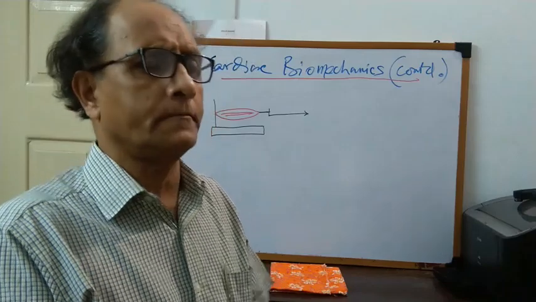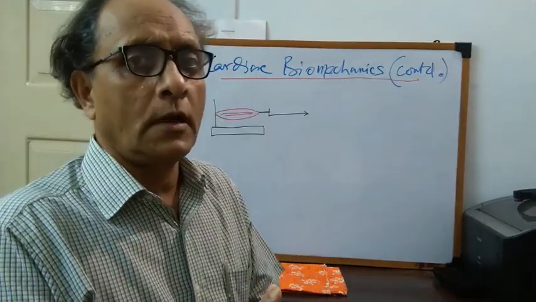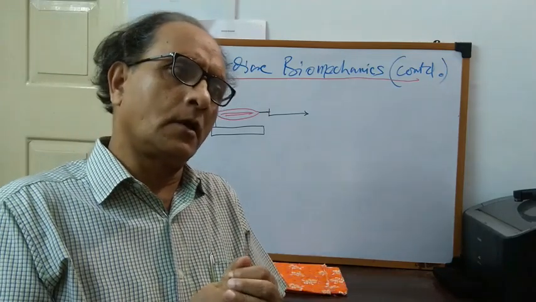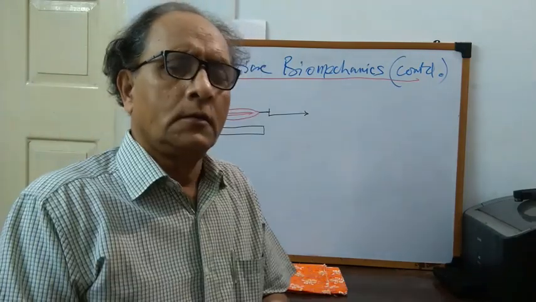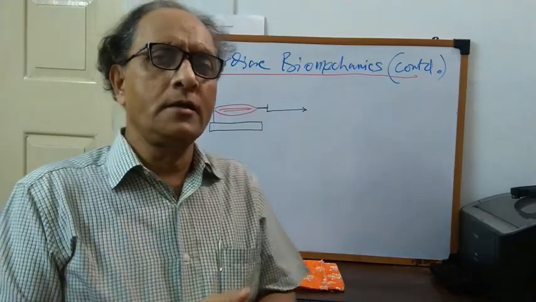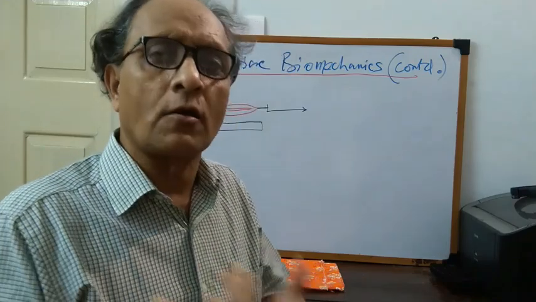Somehow I described everything. And I also described how the initial length, and I am time and again continuing to change the terminology. Say, resting length, I used the term resting length. Later I used the term passive tension, resting tension or passive tension.